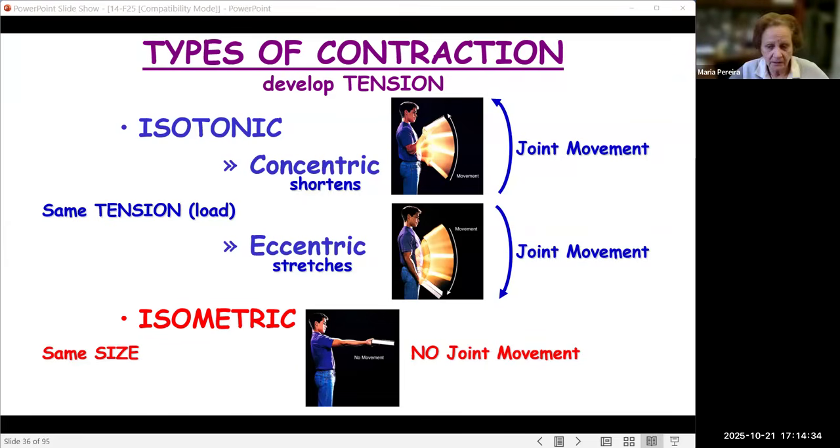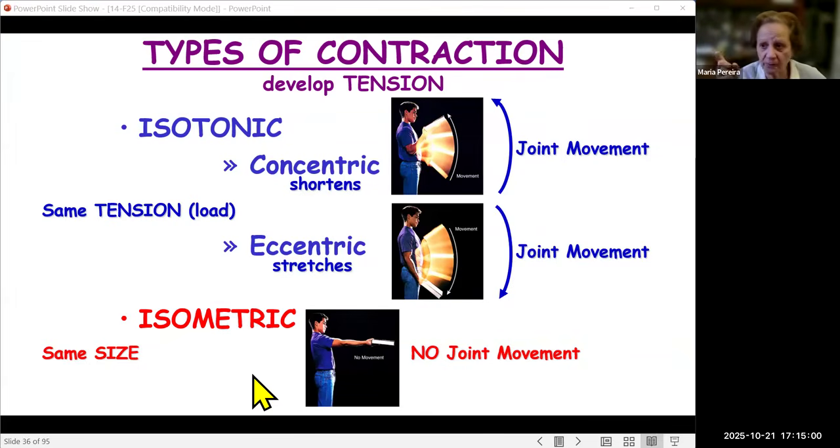Well, you mean in isometric contractions, the size of the muscle is the same. Now think about you moving a muscle. You're not moving a muscle. I'm holding the cup in the same position, the same place, but I can just touch it lightly, or I can push it with all my strength.